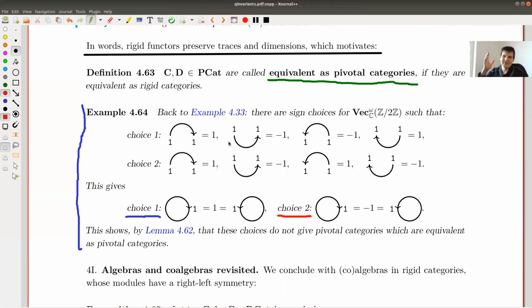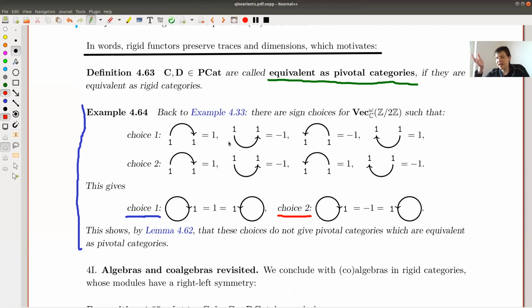It's all this that I'm always trying to hide a little bit under the rug, but everything is only defined up to certain choices. Pivotal itself doesn't involve certain choices, but the right notion would involve choices of co-evaluations and evaluations, and equivalence of pivotal categories would like to preserve dimensions of objects, say.